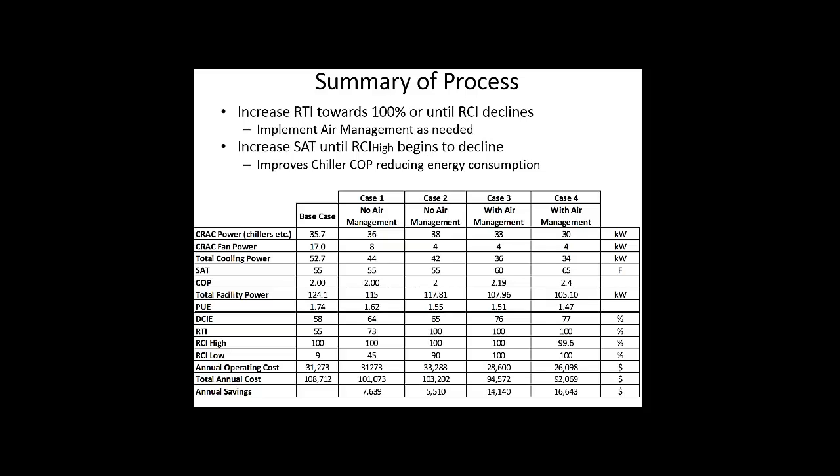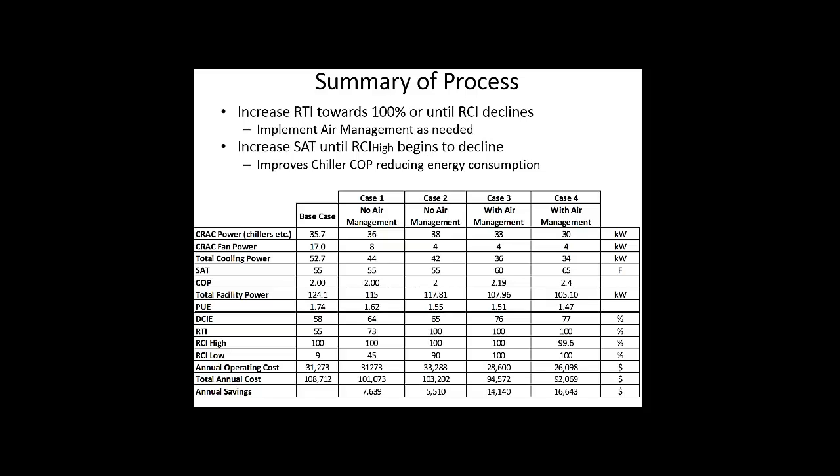Something else you could point out, Paul, is that going from the base case to case number 2, we didn't invest a single dollar, but we just turned knobs, and we improved PUE, RTI, and RCI high and low in one sweep.